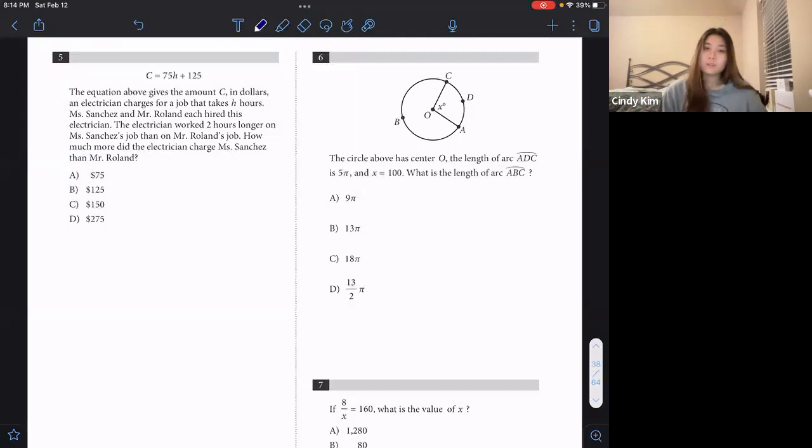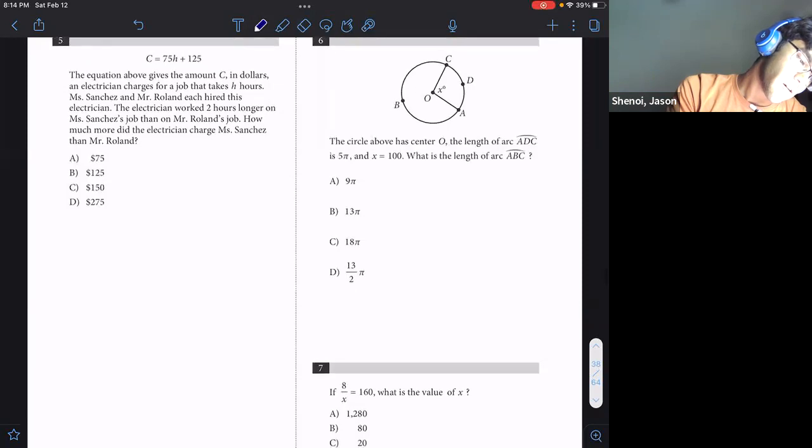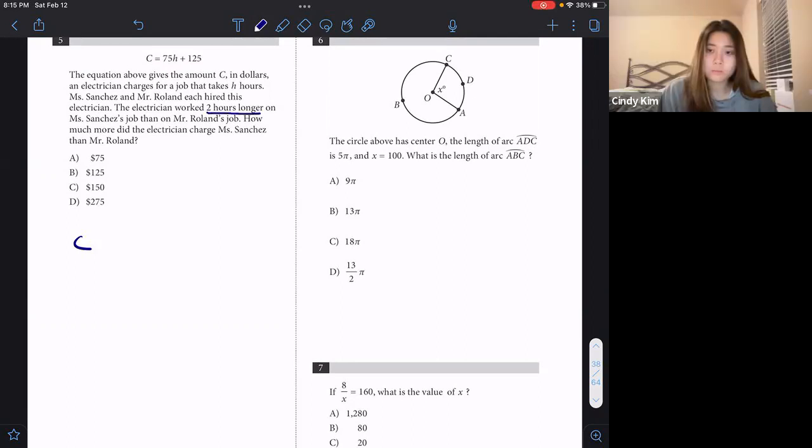So the equation, okay. So basically C is how many dollars they earned. So the electrician is the same electrician, so it uses the same equation. The electrician worked 2 hours longer. What does that mean? 2 hours longer.